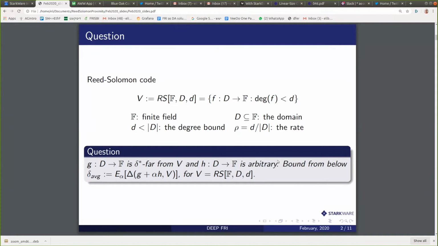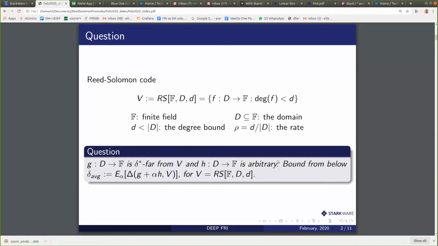Suppose G is a function that is delta star far from the vector space. Now, in all of this talk, distance will be measured by the relative Hamming distance. So the distance is the fraction.